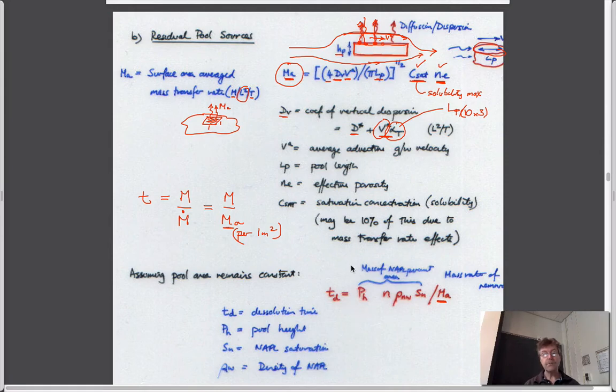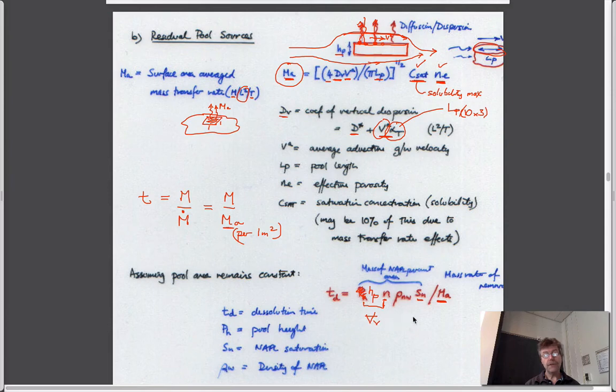It's going to be the height of the pool. I don't know why I changed units. This is really HP. I guess I was dyslexic on that and switched it. This is HP, the height of the pool, how thick it is, the porosity of the aquifer and the saturation in the pool. So porosity times the height of the pool is what? That's the volume of the void space per unit area.